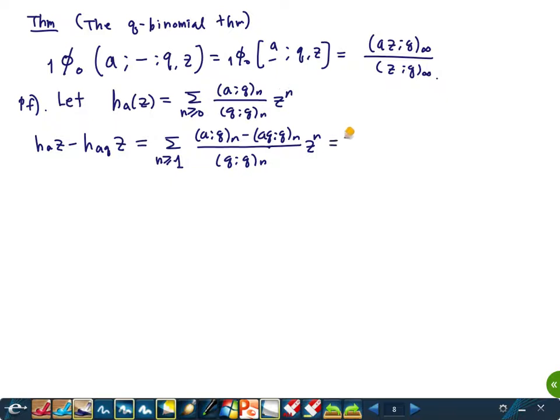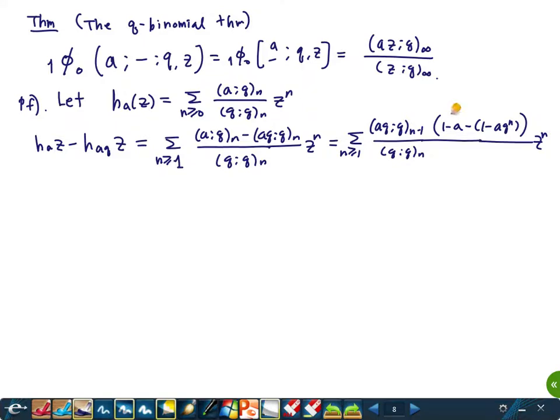And now we can factor. They have common factors: (aq;q)_{n-1}. Then this part begins with 1 minus a, so we have 1 minus a for this. And this has the last factor missing here. So basically the first factor is missing and the last factor is missing. So minus, the last factor is 1 minus aq^{n-1}, z^n.